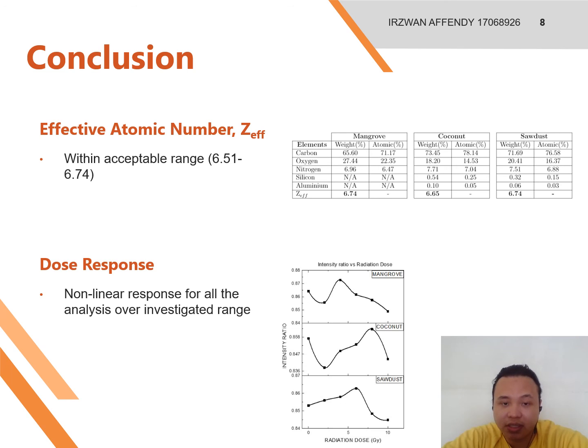Unfortunately, as you can see from our Raman, PL, and XRD analysis earlier, the structural defects did not show a linear dose response. This may be explained by the unique ability that graphitic materials possess, which is a self-repair mechanism upon irradiation.